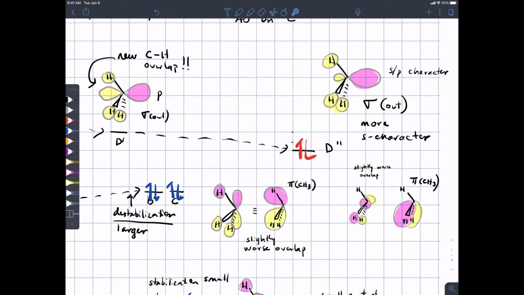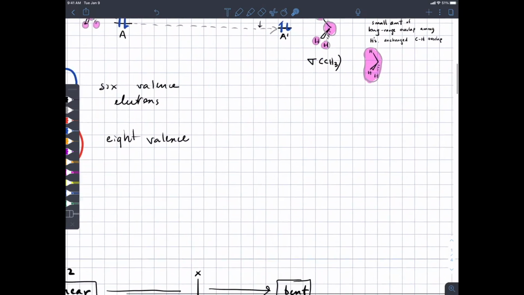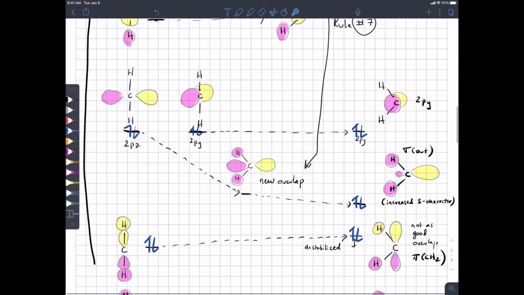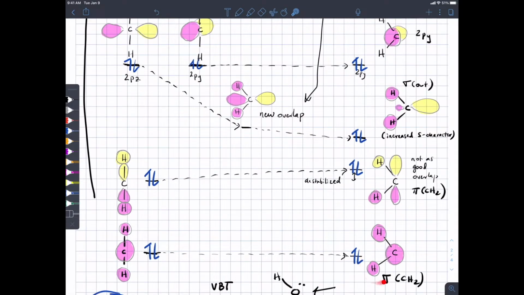Those are our 4 group orbitals for methyl. Similarly for bent CH2, you've got a sigma, a pi, a sigma out, and then a 2py orbital. All right, with that, I'm going to switch to Gaussian and run.